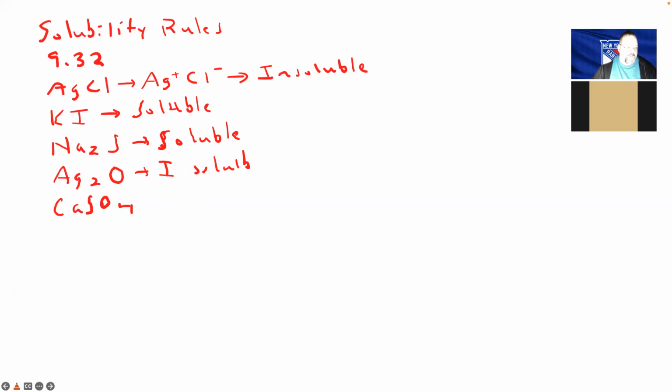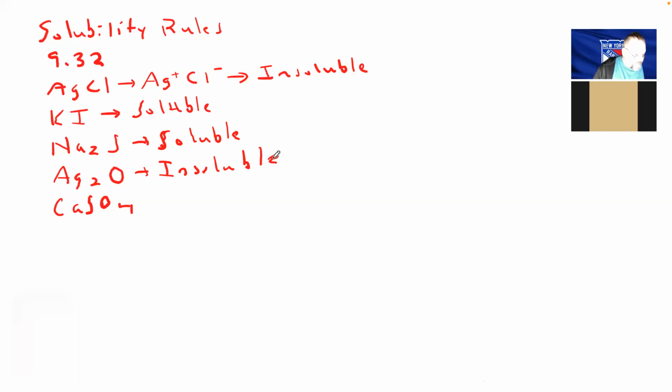Especially considering that most halogen compounds are soluble in water, and when you have them with silver, they become insoluble, then it should be no surprise that silver 1 oxide should be insoluble in water as well, based on the solubility rules of the chart.